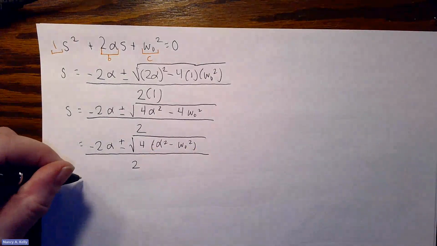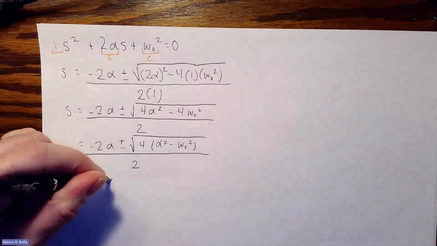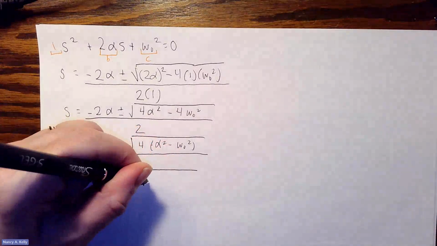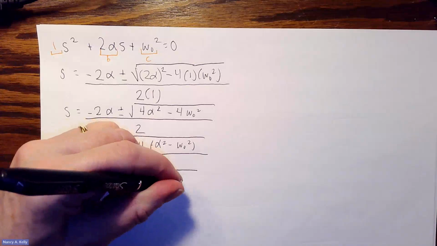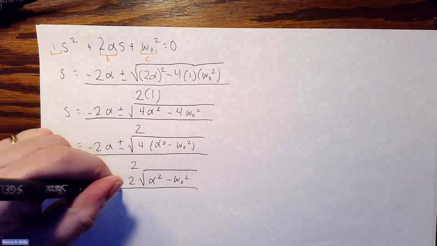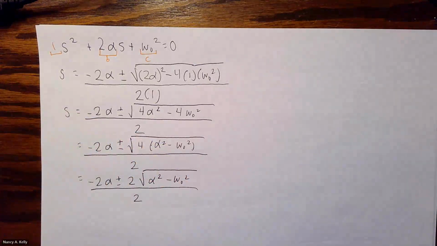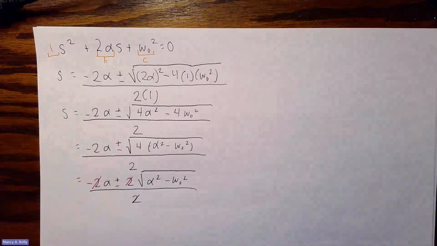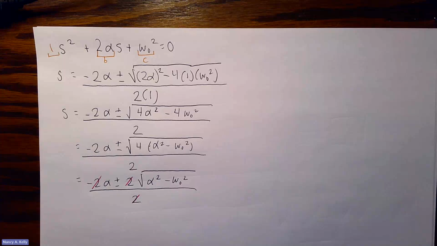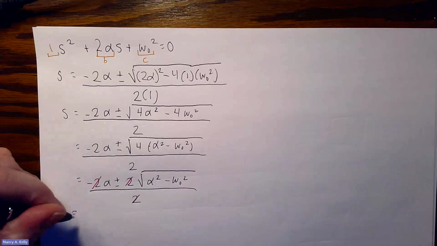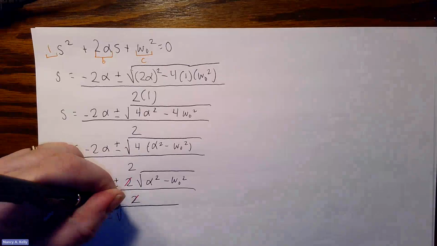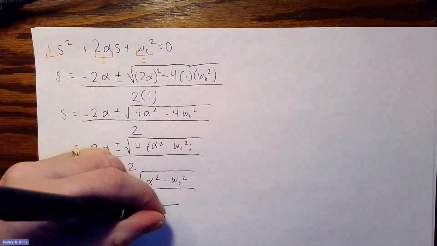So we can rewrite this as minus 2 alpha plus or minus 2 times the square root of alpha squared minus omega 0 squared, all over 2. And now, because we have a common factor of 2 in all terms, we can cancel it, leaving s equal to minus alpha plus or minus the square root of alpha squared minus omega 0 squared.